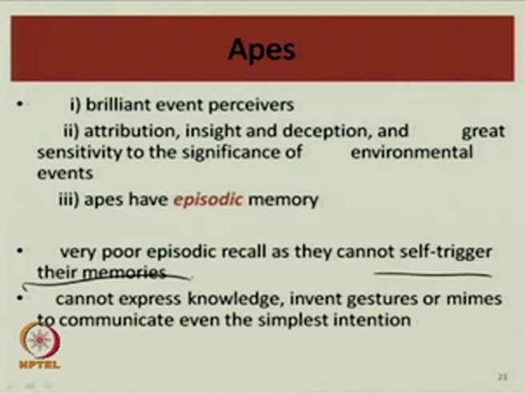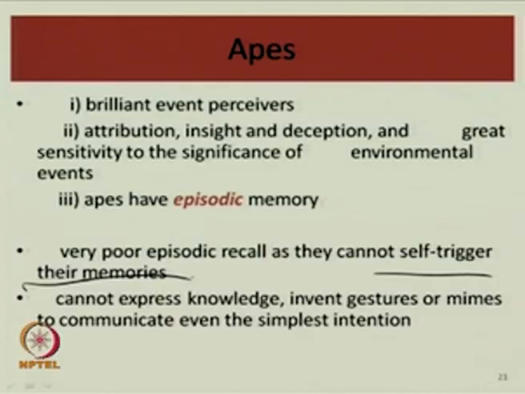We evolved from a common ancestor, and then there was a bifurcation, and therefore apes cannot express knowledge, even through gestures or mime, to communicate even the simplest of intention. They need several rehearsals. It seems there are hundreds of rehearsals needed to be able to do something without a cue.